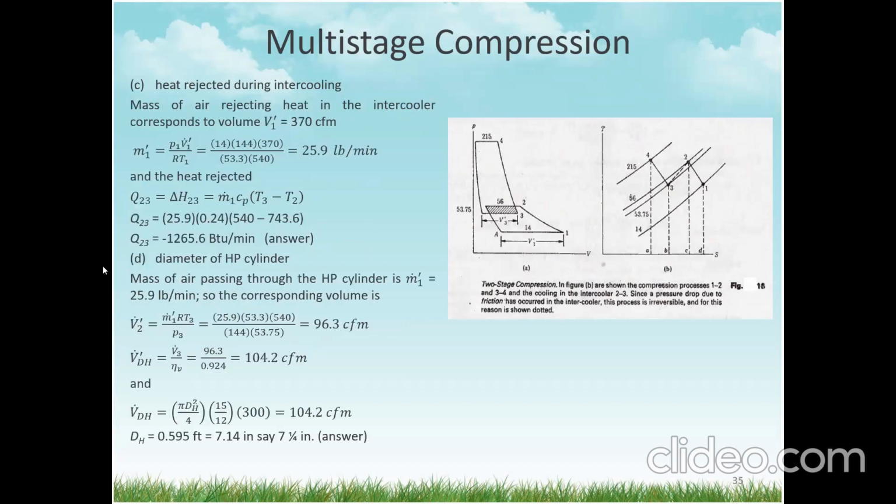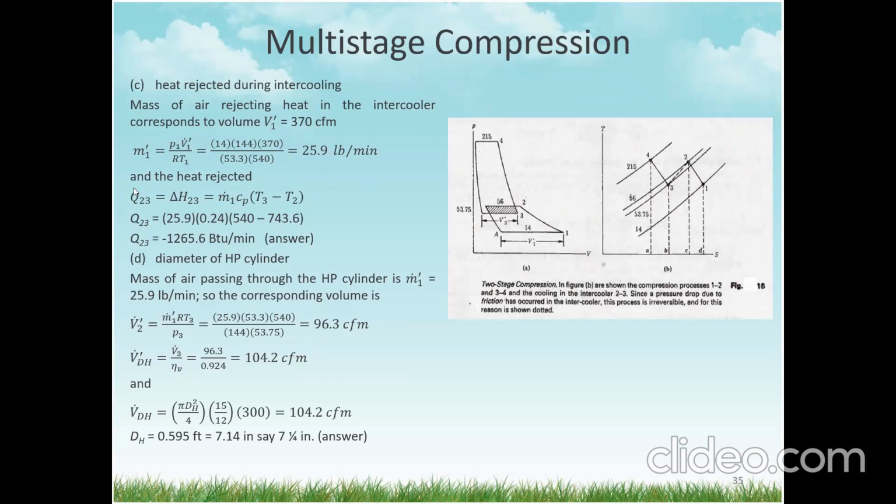Then C, the heat rejected during intercooling. So, 2 to 3. The mass of air rejecting heat in the intercooler corresponds to V1 prime, which is 370 CFM. So m1 prime is equal to P1 V1 prime over R T1, which is equal to 14 times 144 times 370 over 53.3 over 540, which is 25.9 pounds per minute. This is because it leaves the compressor and enters the intercooler.